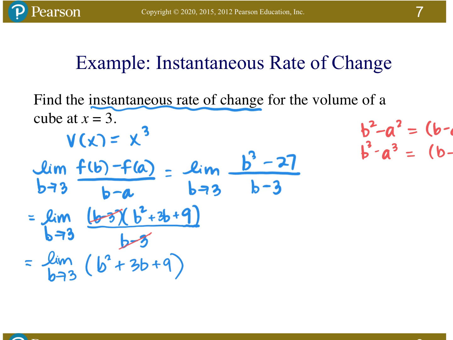And now I can plug the number 3 into here. So I'm going to get 9 plus 9 plus 9, or 27. Which means the instantaneous rate of change for a cube at that moment, for the volume of the cube, is 27.